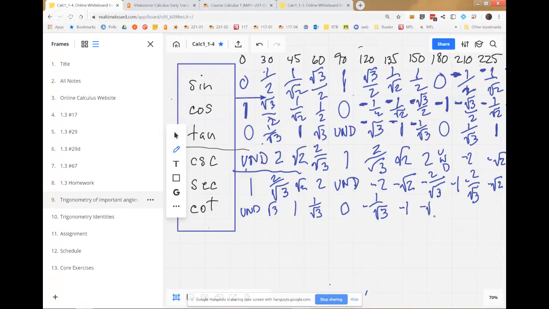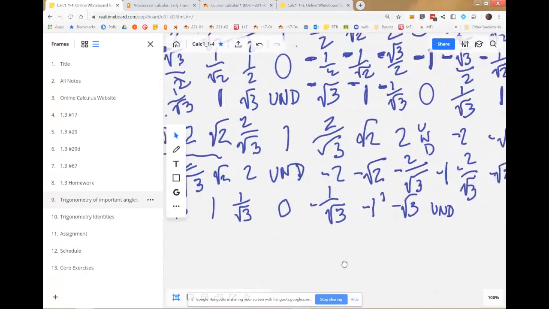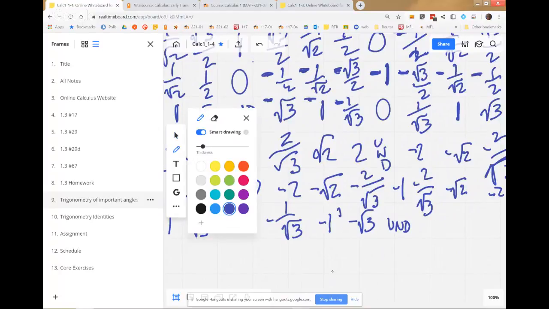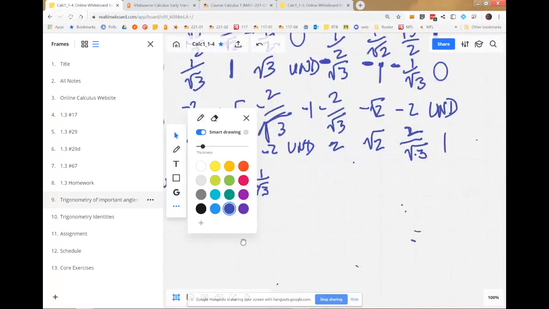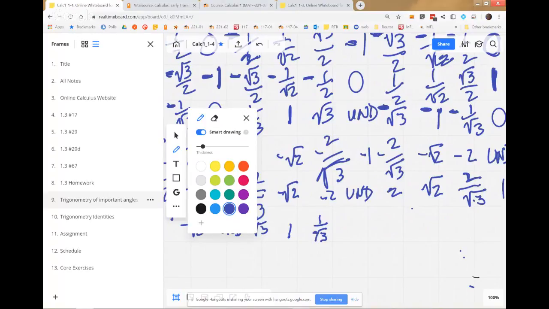-1, negative square root 3, undefined, square root, whoa. Okay, where are we? Square root 3. Reciprocal of 1, reciprocal of square root of 3. Pick it up and move over. Okay, reciprocal of undefined. It's not 0. Try getting rid of that.